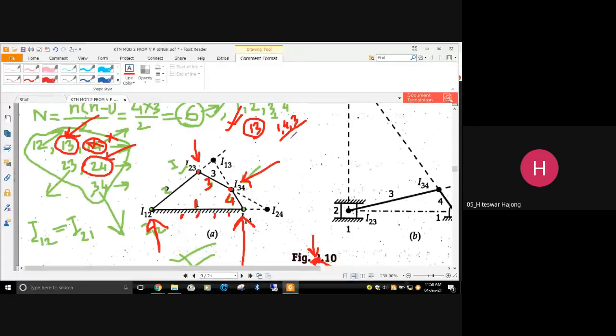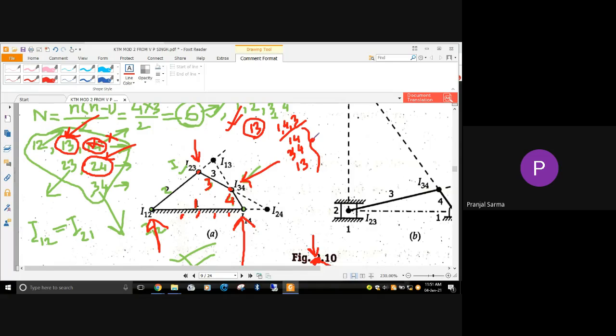I14, I34 or I43, and I13. Correct? 3 1 or 1 3, same thing. Similarly 4 1 or 1 4, same thing. Similarly 3 4 or 4 3, same thing. It is the instantaneous center between these two links. So these are the three instantaneous centers.